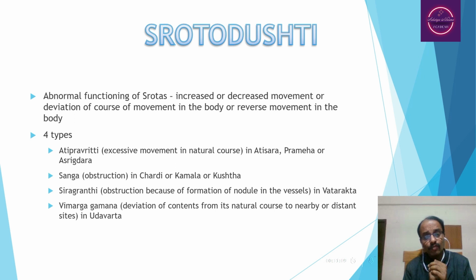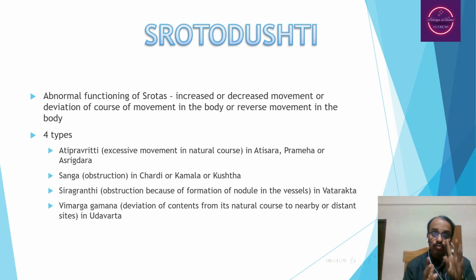In the case of abnormal functioning, otherwise termed Srotodushti, there may be increased functioning, decreased movement, deviation of the course of movement in the body, or reverse movement of abnormal substances in the body. That is nothing but Srotodushti.